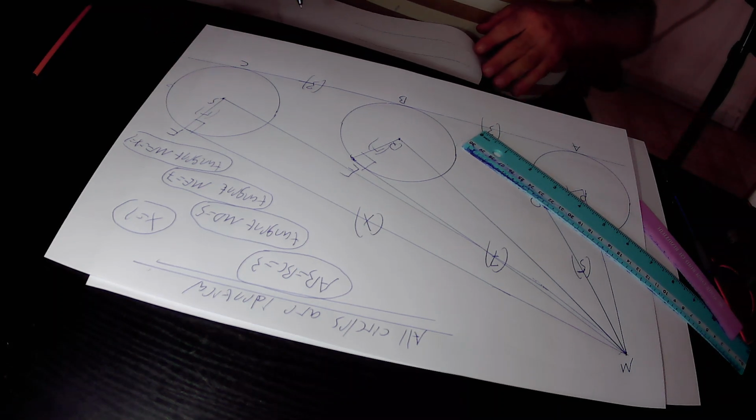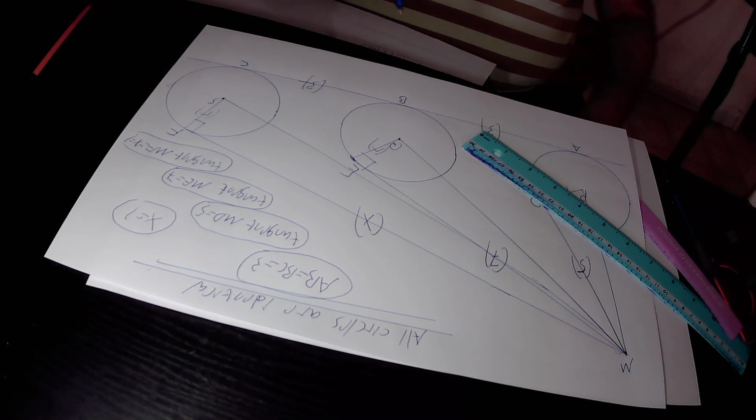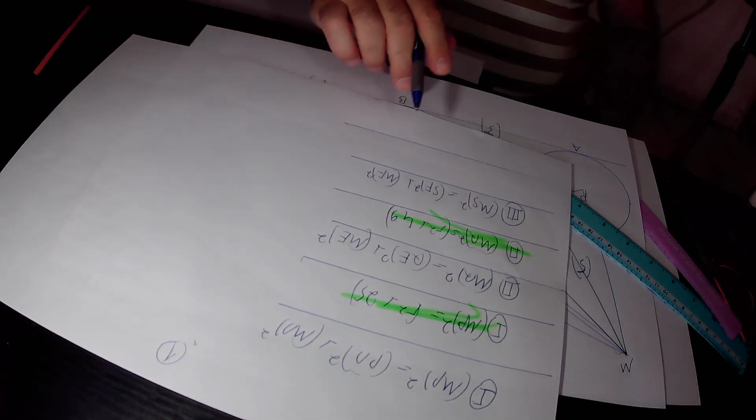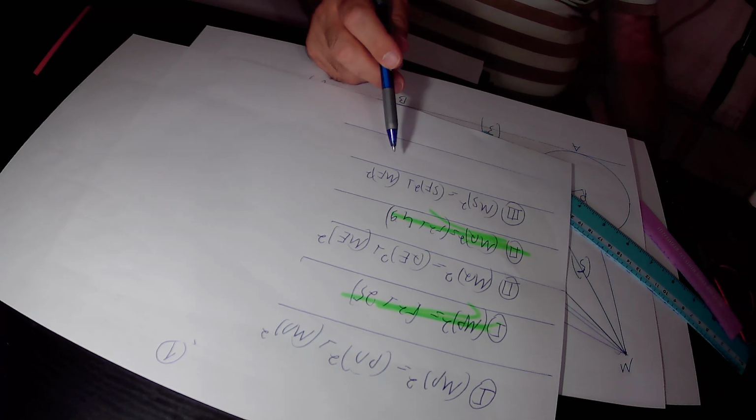According to the Pythagoras theorem, MS squared, that is the square of the hypotenuse of the right triangle MSF, equals SF squared plus MF squared. Repeat again, according to the Pythagoras theorem, in the right triangle MFS, MS squared equals SF squared plus MF squared.